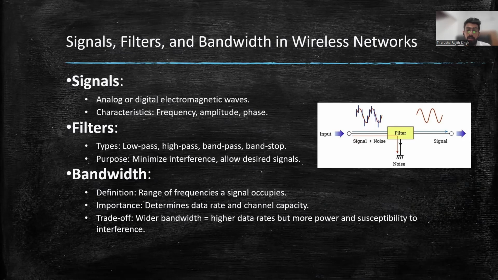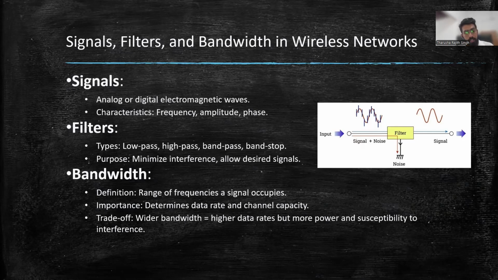Filters can be classified into four main types: low pass filters, high pass filters, band pass filters, and band stop filters. As shown in the image, a filter can remove noise from a signal, leaving only the clean, desired signal for further processing.